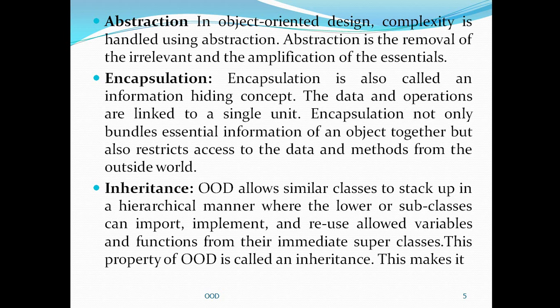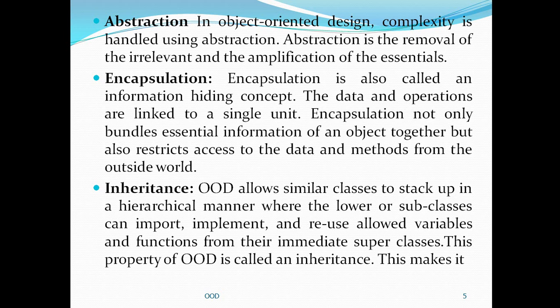In object oriented design, complexity is handled using abstraction. Abstraction is the removal of the irrelevant and amplification of the essentials. So it is clear that abstraction selects the relevant objects of a particular entity. For example, a bank is an entity.